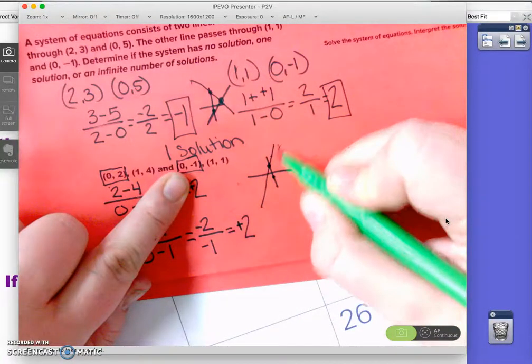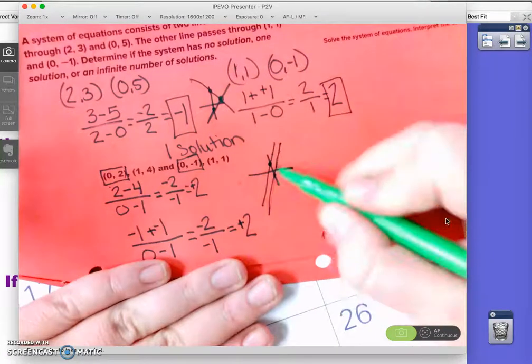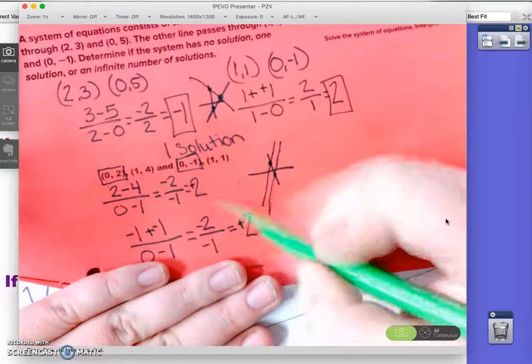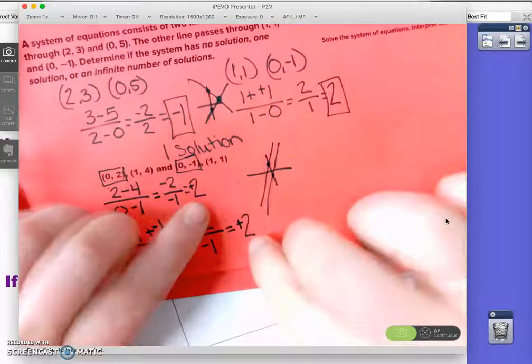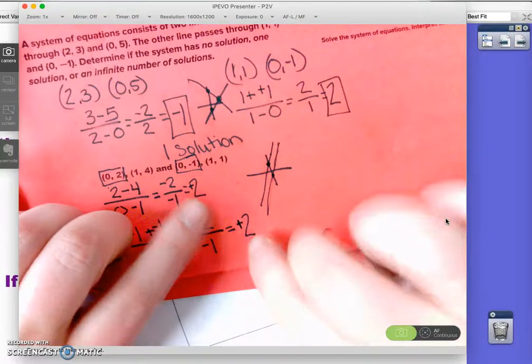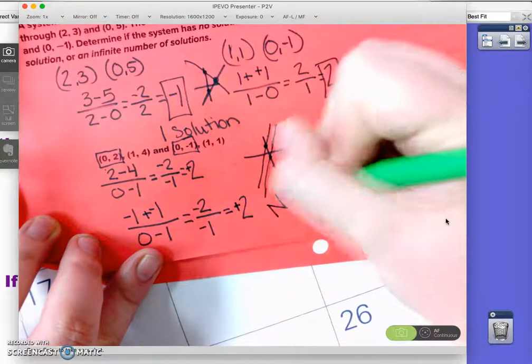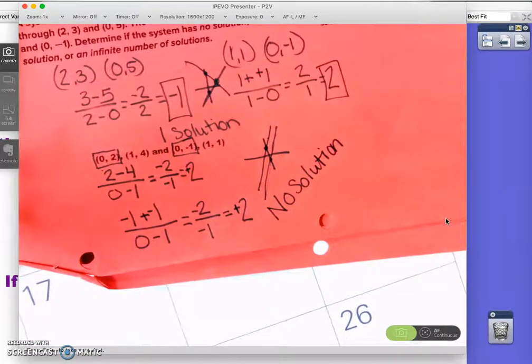This is just a rough sketch so you can see that they have different y-intercepts, but they have the same slant or steepness. So therefore, they're never going to touch. If they have the same slope but different y-intercepts, they are parallel. So there is no solution; they will never intersect.